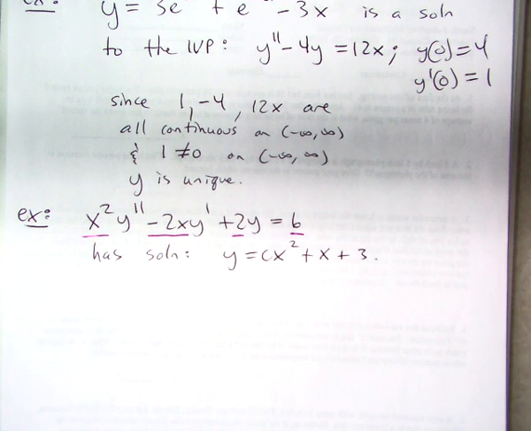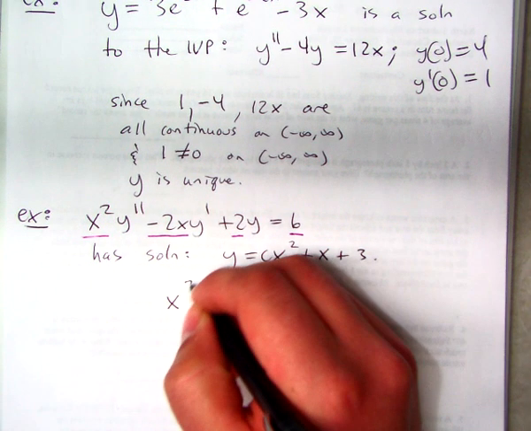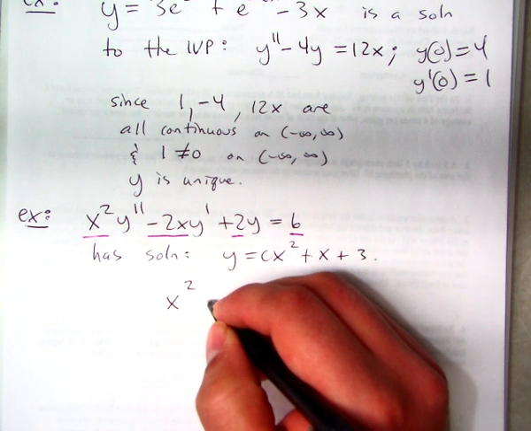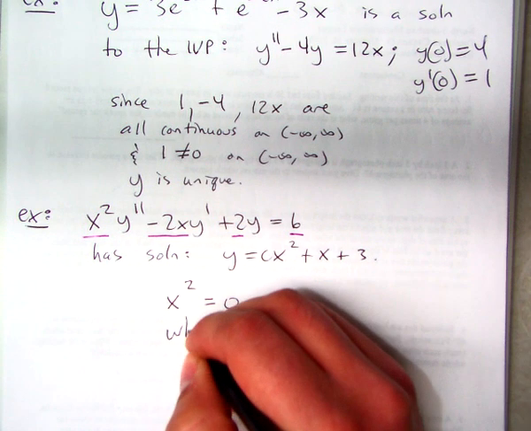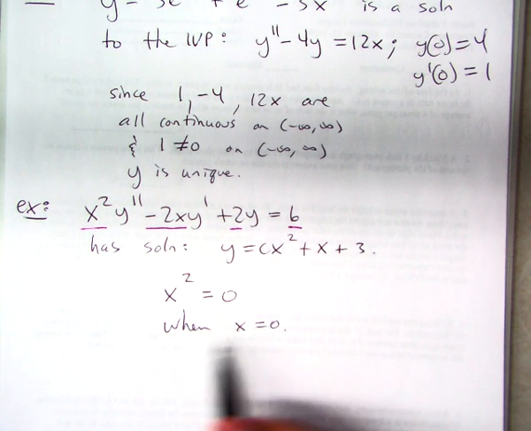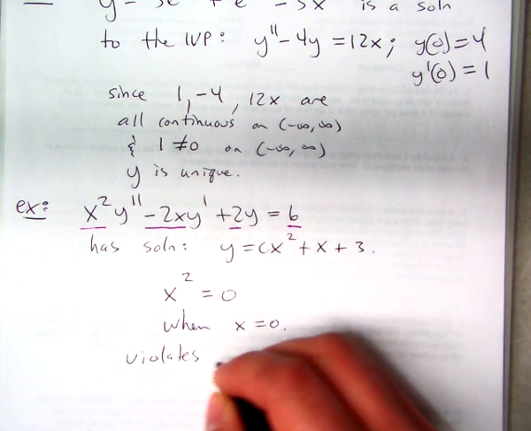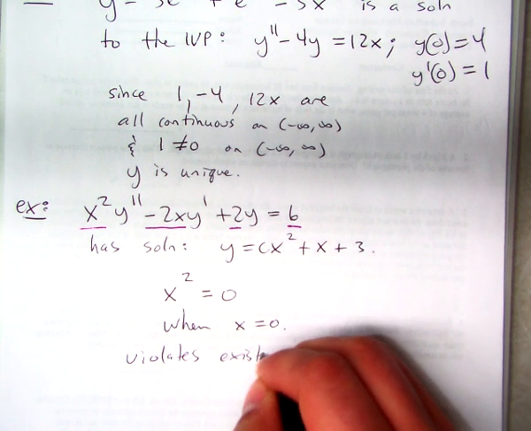Where's the problem? I mean, they're all continuous, but the issue is, yeah, x squared equals 0 when what? x is 0. Okay, so this violates the existence theorem.